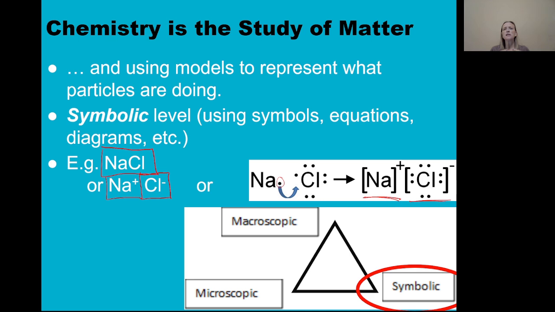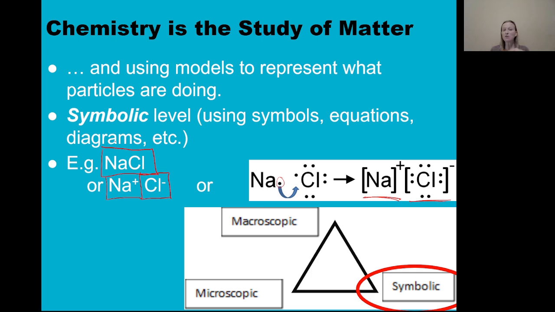So you can see that there's a macroscopic level, the phenomenon that we can see that we're trying to explain. The microscopic level is what's actually happening with the particles, and then what symbols or representations do we use to show that?